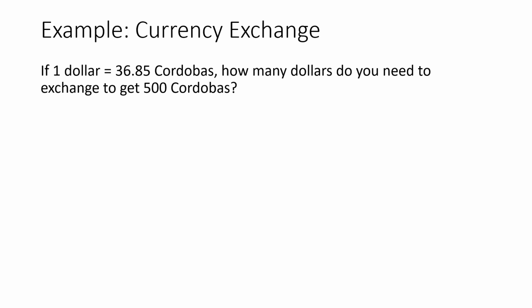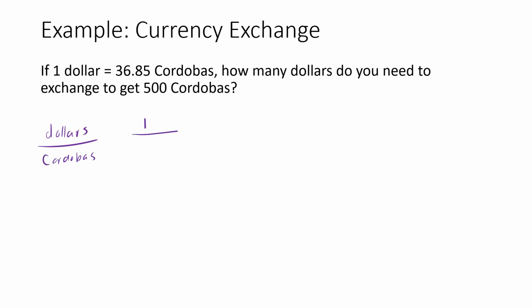So if you're in a market, you want to buy something, so you need to exchange some of your American money, and you want to know how much American money you want to exchange. And so here's our ratio. So we got to pick how we want this to go. So we can put dollars on the top and Cordobas on the bottom.